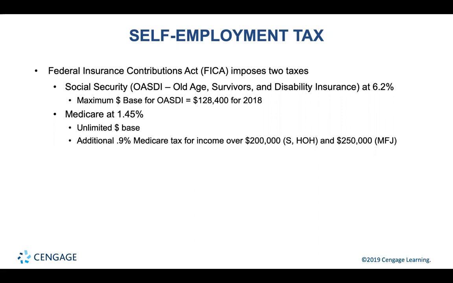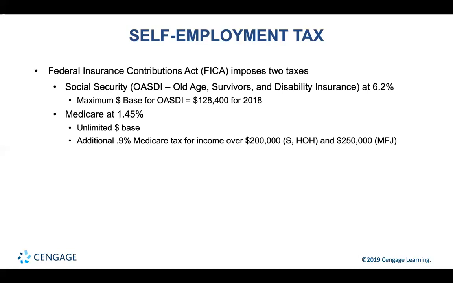What that means is that all of your earnings up to $128,400 are subject to Social Security. Once you make over $128,400 in 2018, you do not have to pay any additional Social Security tax.